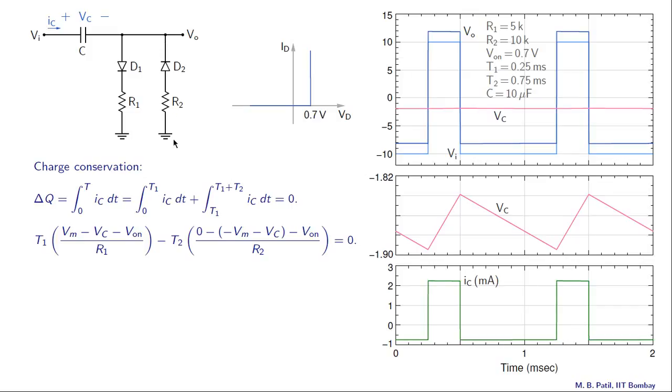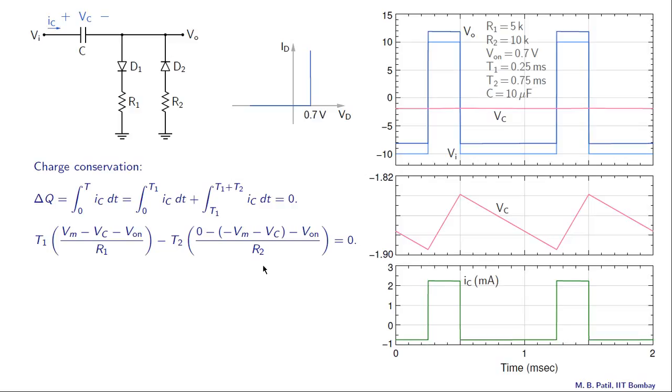So the voltage drop between these two nodes is 0 minus (minus Vm minus Vc). That is this entire voltage drop here. And from that we need to subtract the voltage drop across the diode D2, which is Von. So that is what we have done over here. That gives us the voltage drop across R2, and that divided by R2 will give us the current.